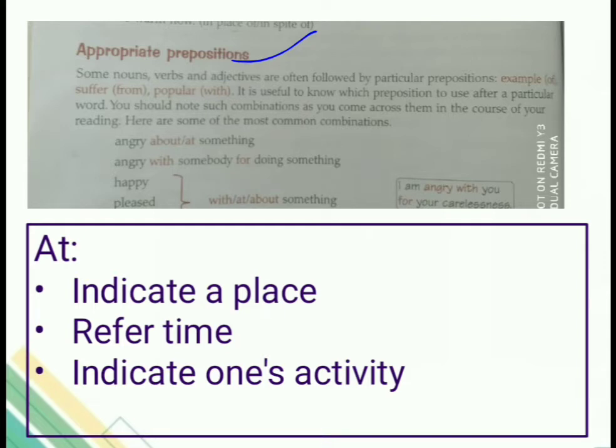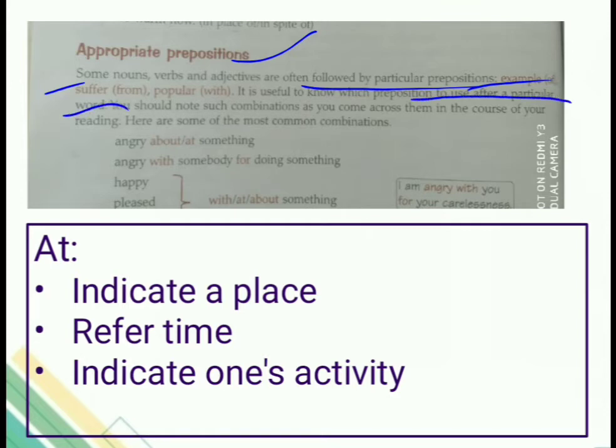Some nouns, verbs, and adjectives are often followed by a particular preposition. See, this is very important. Examples: suffer from, popular with. It is useful to know which preposition to use after a particular word.